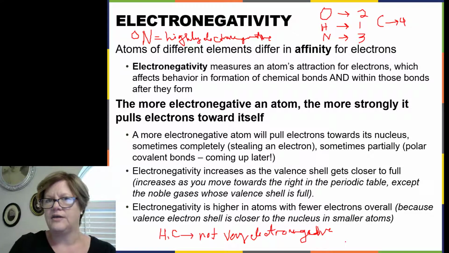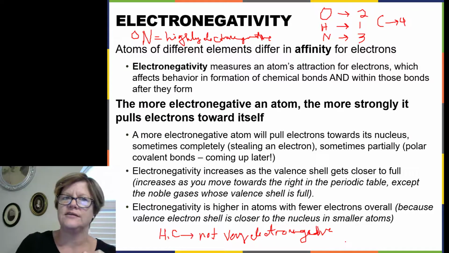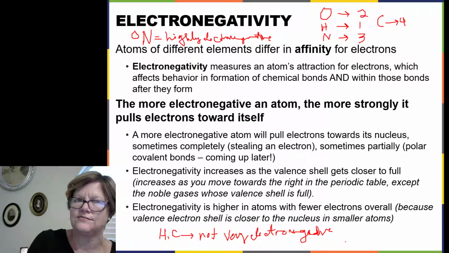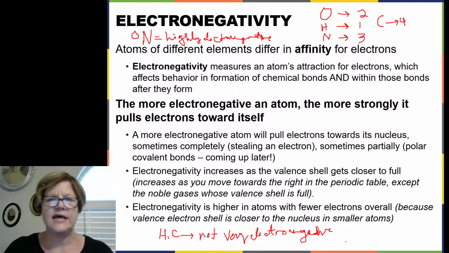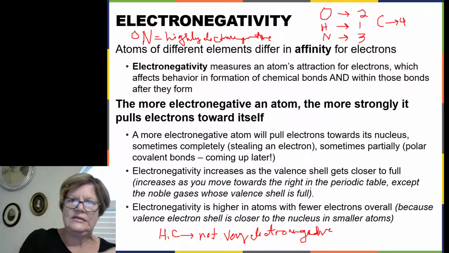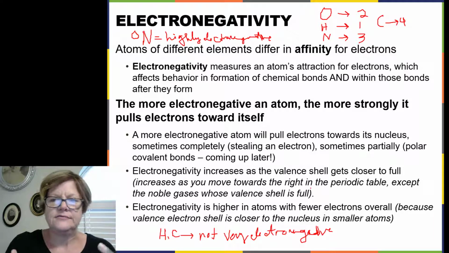And the nucleus of the hydrogen atom finds itself without any electrons a good amount of the time. Because the electronegative nucleus is pulling all the electrons more towards itself, you get an uneven sharing of the electrons. That's what we usually call it.